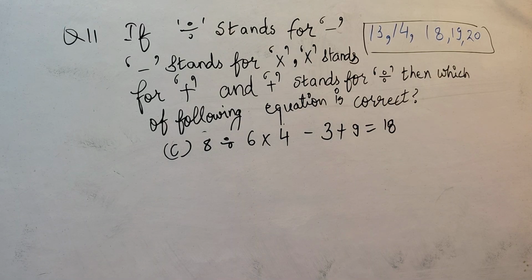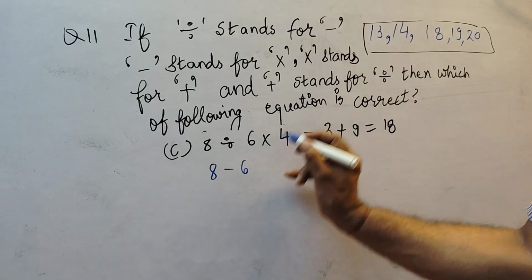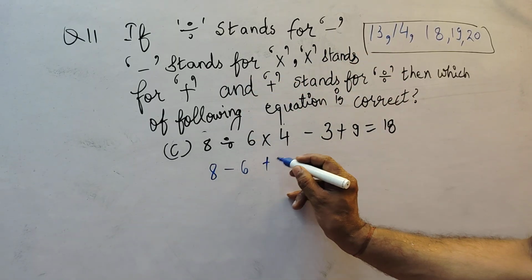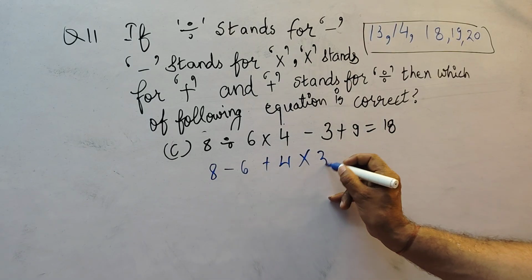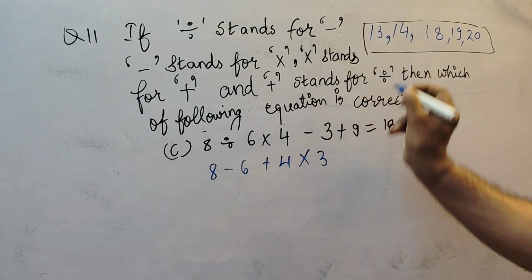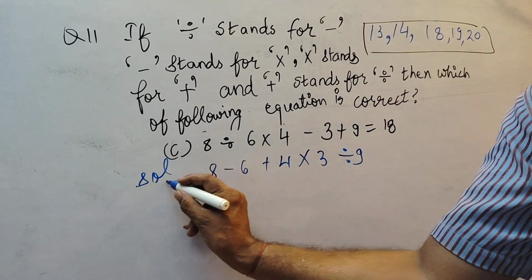So replace the signs. Divide stands for minus, so 8 minus 6. Multiply stands for plus. Minus stands for multiply. Plus stands for divide. This is our left hand side, LHS.